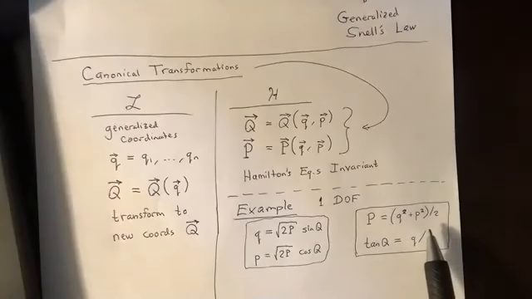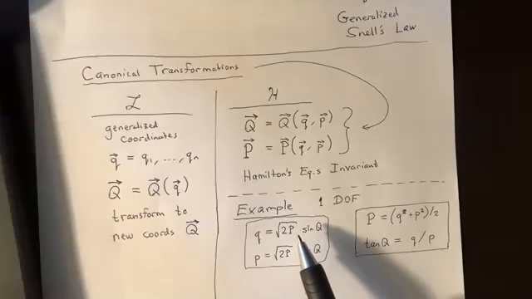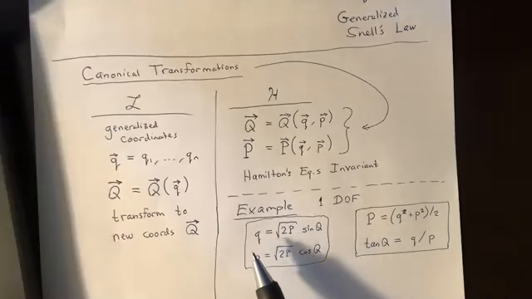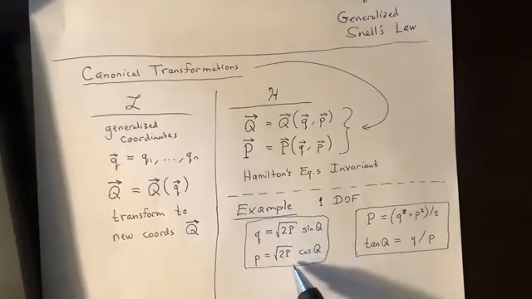Okay, so here's the transformation. Notice this box: if you have the lowercase variables, little p and little q, you can compute the capital variables. Here you need to do an arctangent. In this box, if you have the capital variables, capital P and capital Q, you can compute the lowercase variables. So you see it's very similar to plane polar coordinates. The only difference is we have the square root of P here.